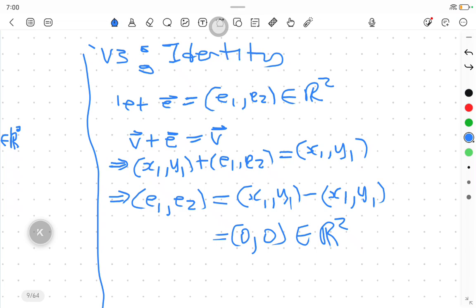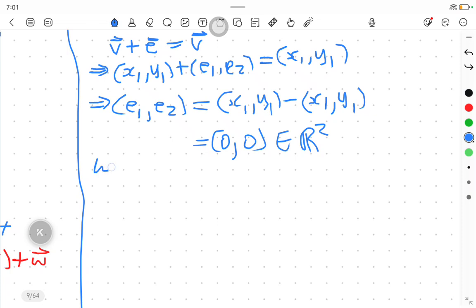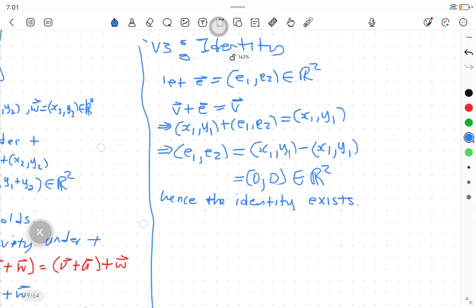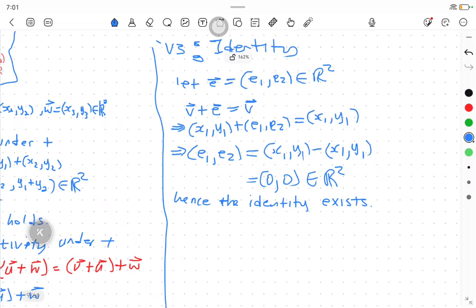So we see that this is the 0 vector. Hence, we can say the identity exists. Under addition and real numbers, we know that should always be 0, 0, unless the equation changes.